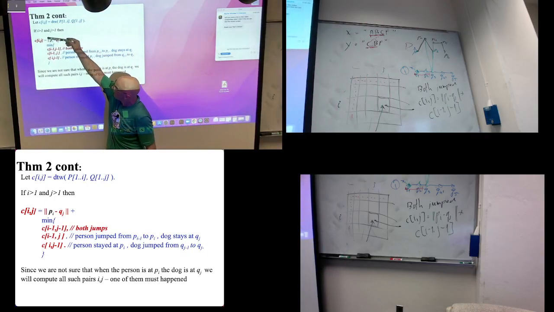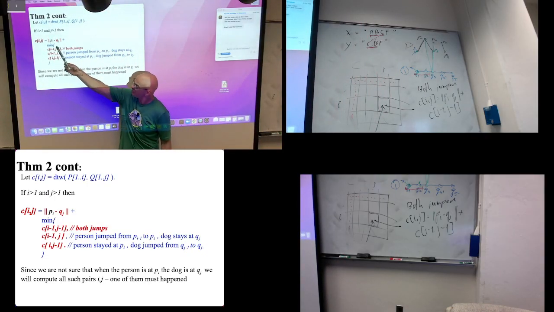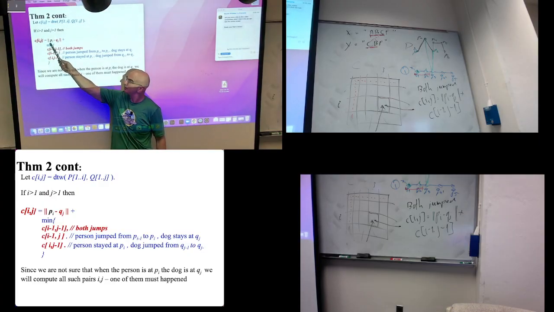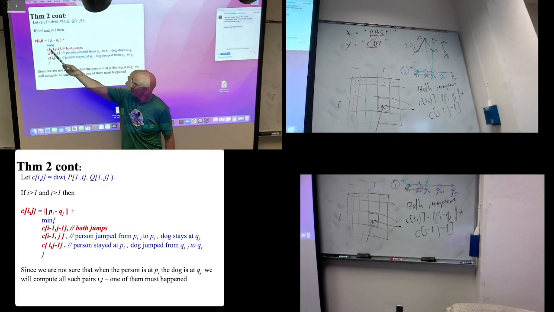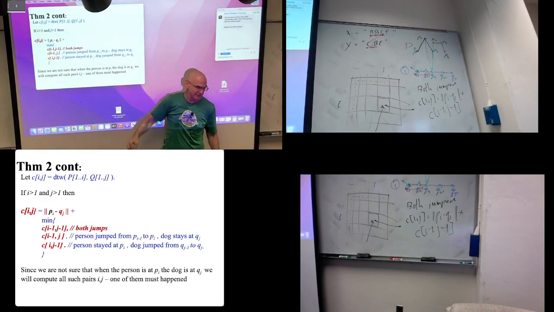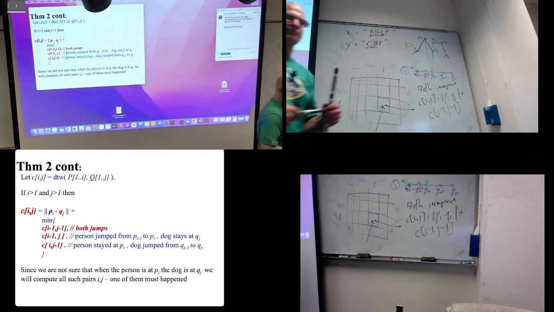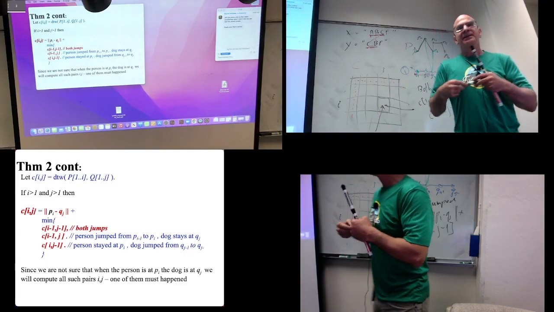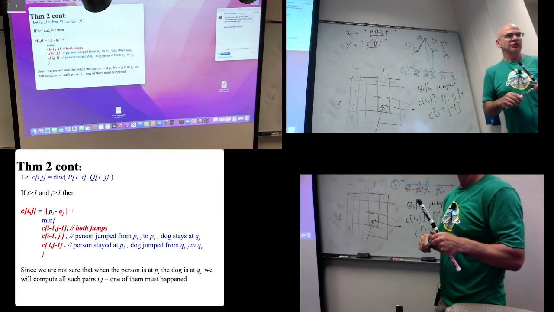So Cij, after all this long explanation, is the length of the current leash between Pi and Qj, plus the minimum of these three values. The one that did is the best. The history doesn't matter. It's the cut and paste lemma that we saw for the shortest path.